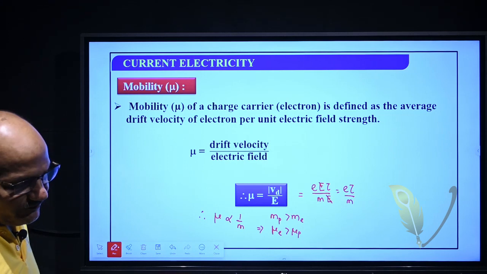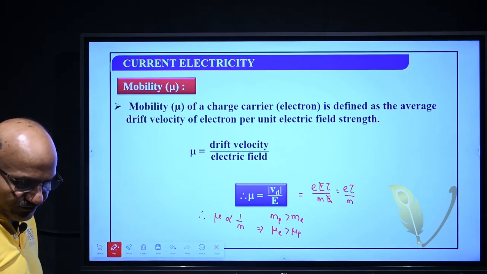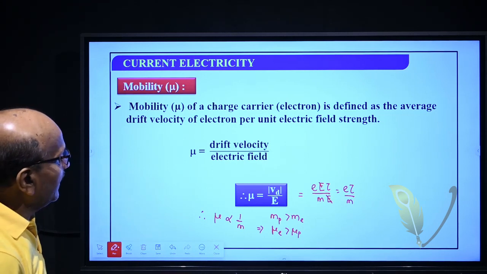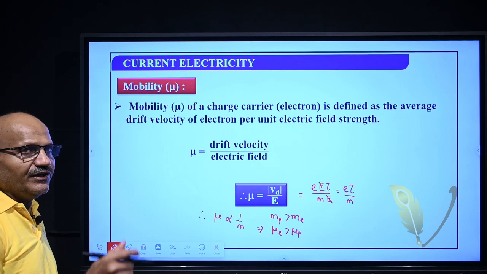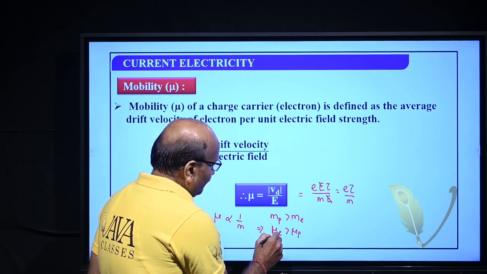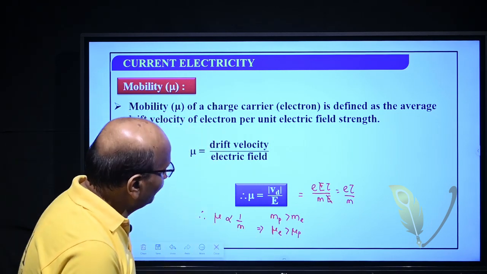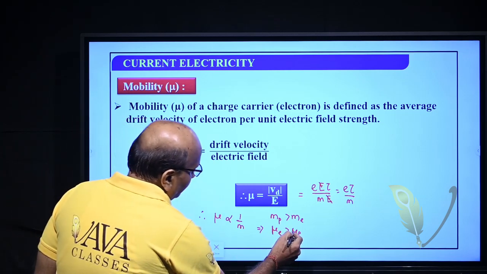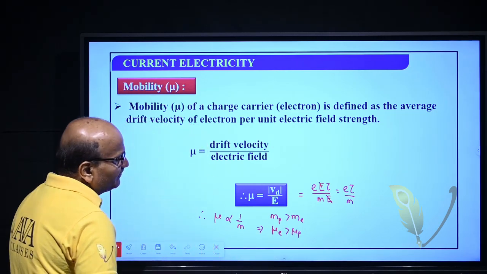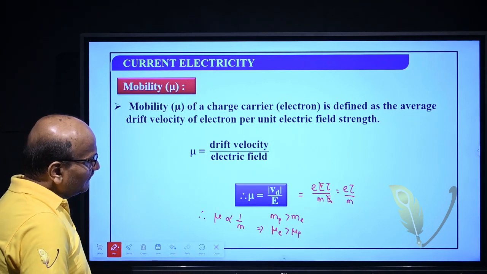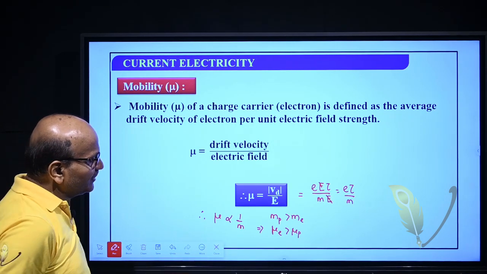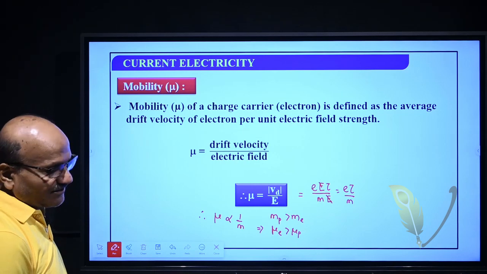The mobility means how freely a charge carrier moves within the conductor. So mu E is the mobility of electron and mu P is the mobility of a proton or positive charges. Therefore, in a conductor the mobility of electrons is more than the mobility of positive charges.